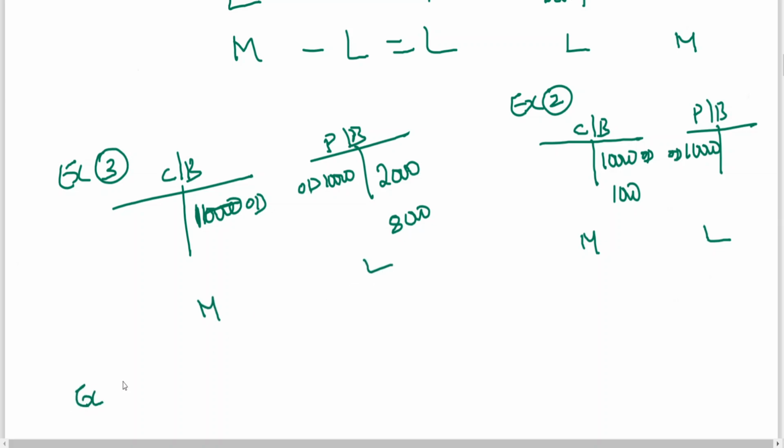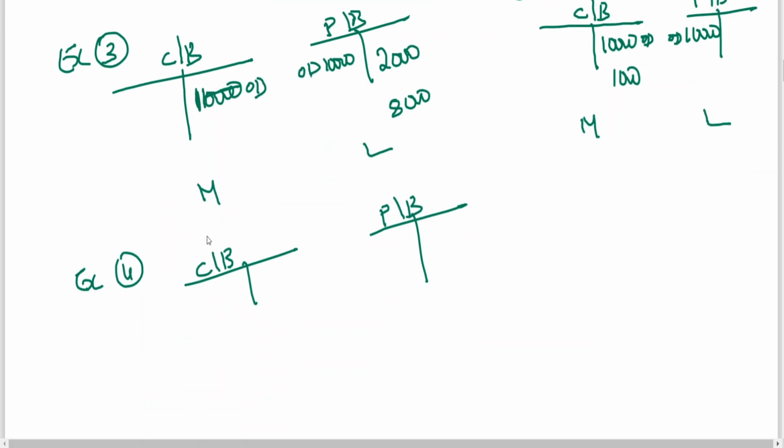Last example, with this I complete. Cash book, passbook, bank charges and interest on OD, say 1,000 rupees. 10,000 minus 1,000, 9,000.